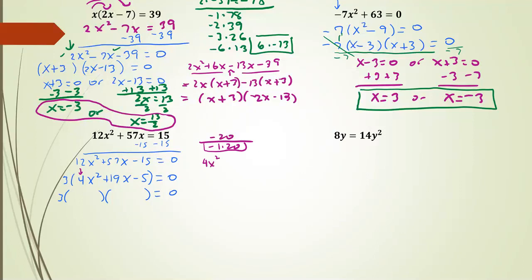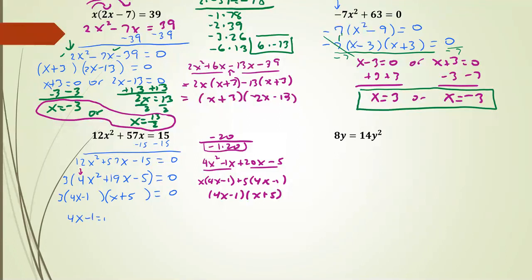I'll take 4x squared minus 1x plus 20x minus 5. I'm factoring out that trinomial. That's going to give me x, 4x minus 1, 5, 4x minus 1, and then that gives me 4x minus 1 and x plus 5. So those are my factors that I will use: 4x minus 1 and x plus 5.